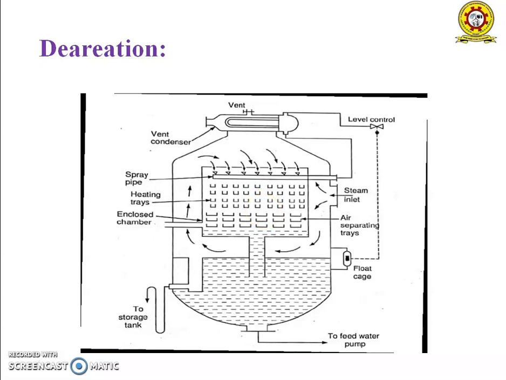The remaining steam and separated gases such as oxygen flow out from the vent. From the vent, it is sent into the vent condenser. This is the level control for checking the water in the boilers.